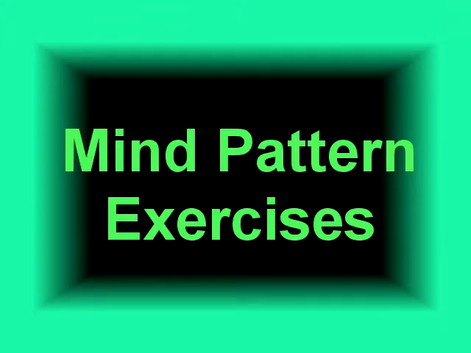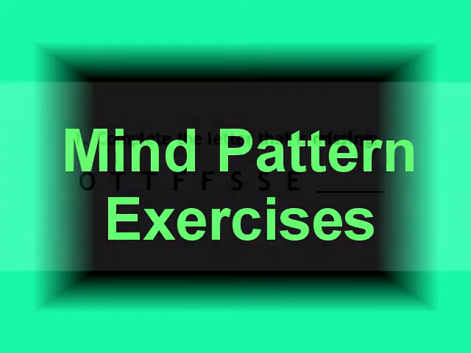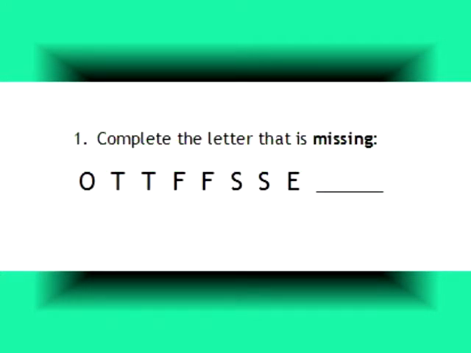Let's go to the first exercise. You see the letters O, T, T, F, F, S, S, E, and one letter is missing. What do you think that letter is? Try to think. What letter is missing? You get it? Okay, let's think a little bit different than the average people.